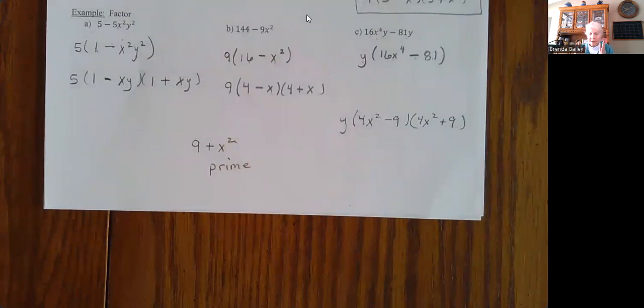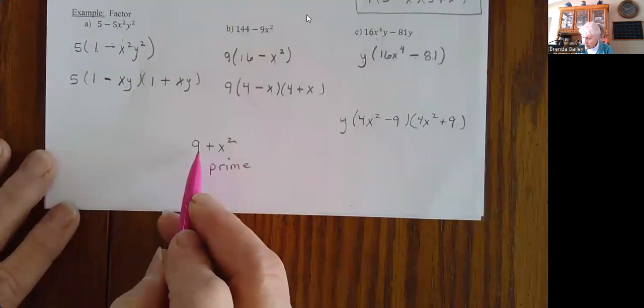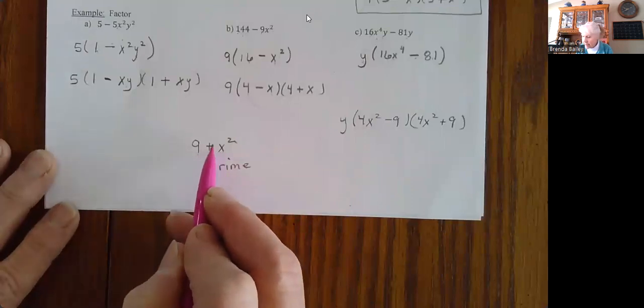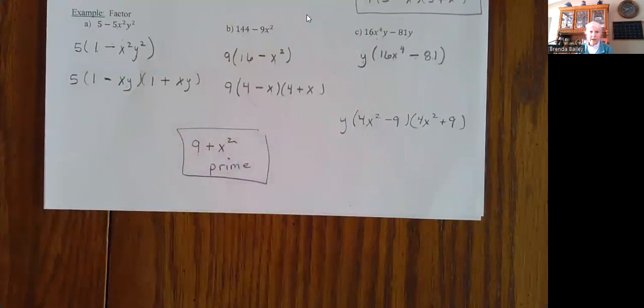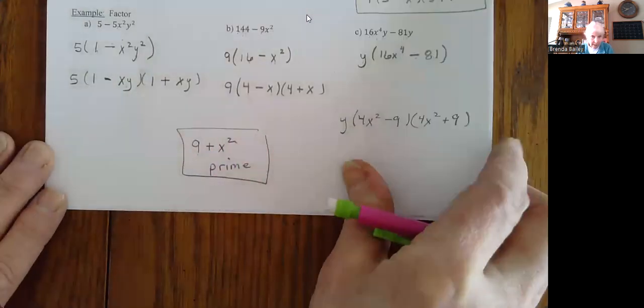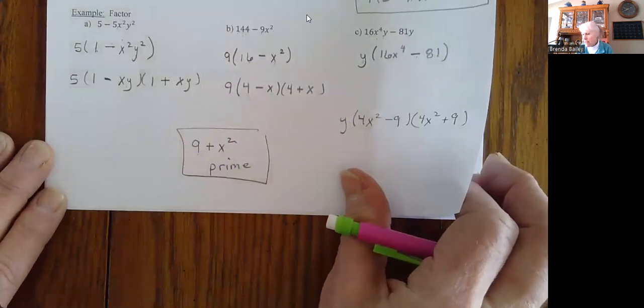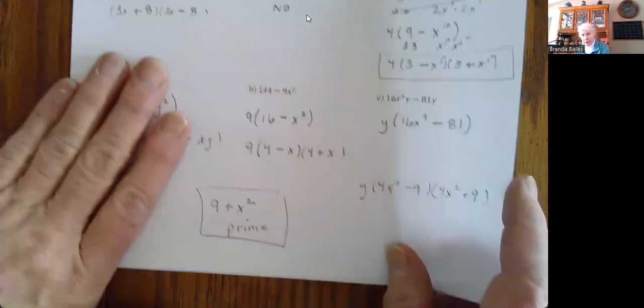So there's no x-intercept, there's no solution, there's no root, there's no 0. Even though it's 3 times 3 and x times x, it's a sum. So make sure that you can recognize the fact that that's prime. It cannot be factored. And that's where we come into imaginary numbers later on, as to how to solve that.